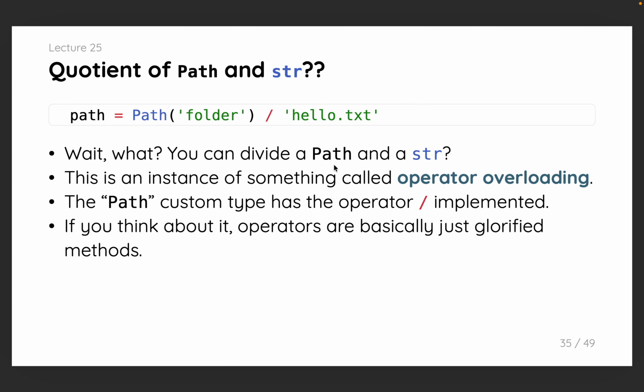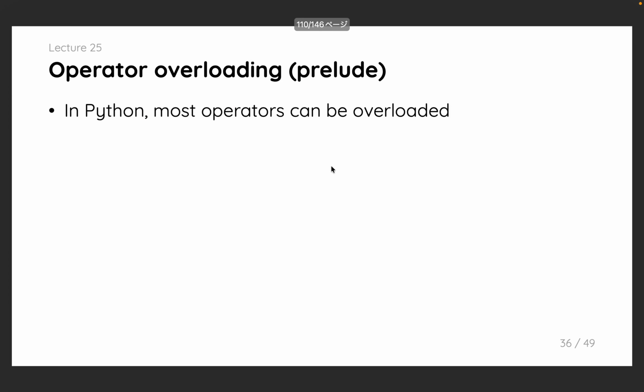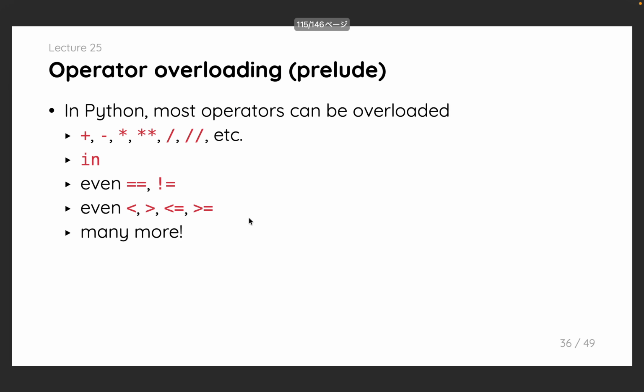So you can overload operators for most classes, for example plus, minus, times, divide, and so on. You can also overload other operators like in, equals, not equals, and so on.